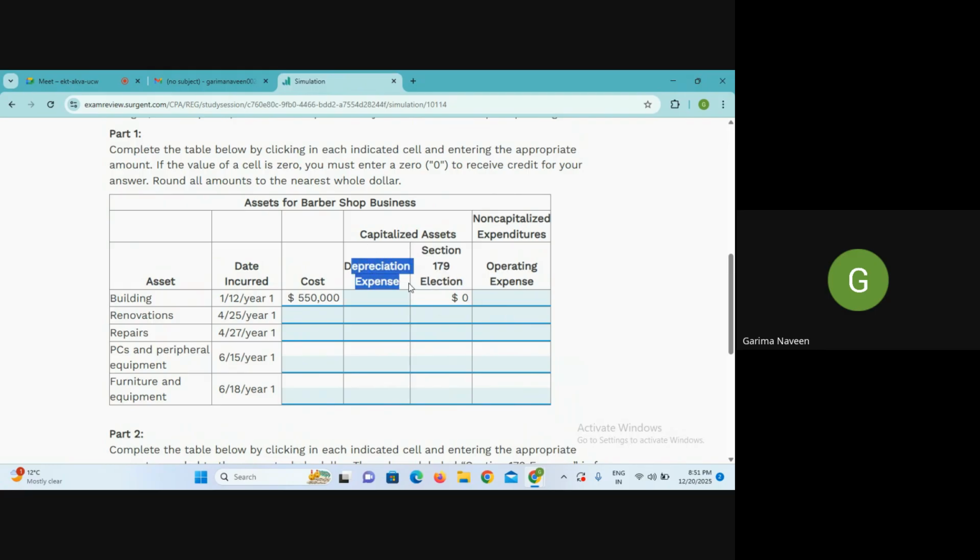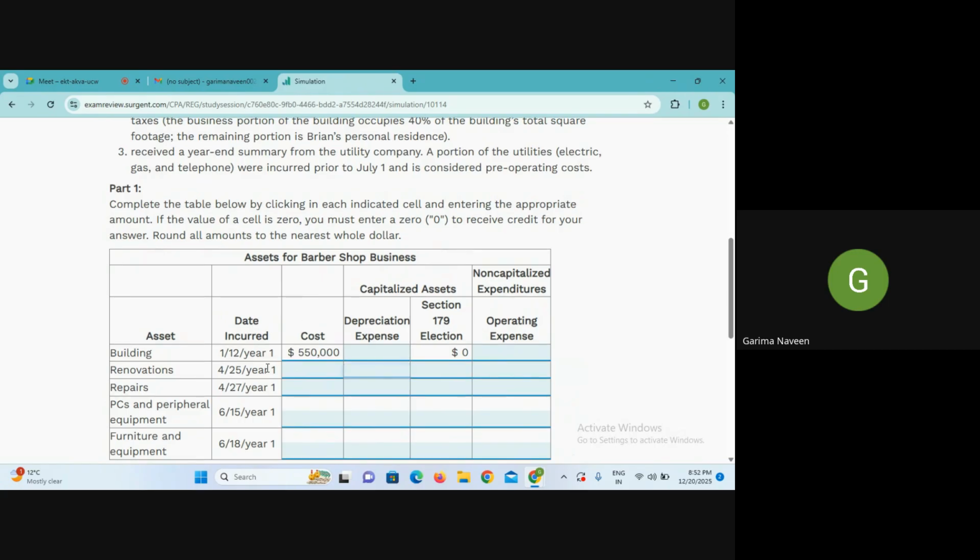Next, for depreciation, I can give you the hint that land is not depreciable. Sorry, buildings are your real property which is fixed to the land. So for real property, we use the mid-month convention.